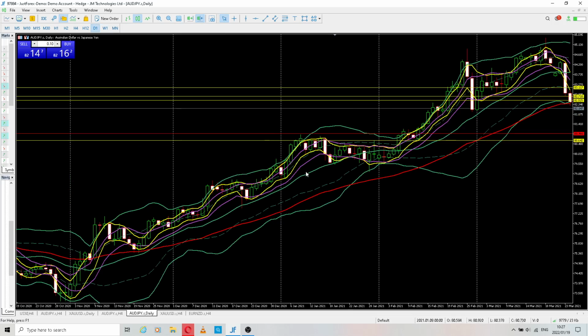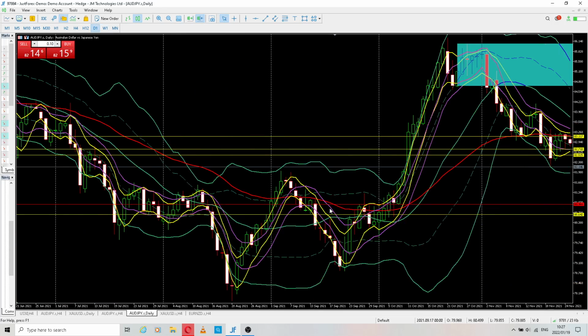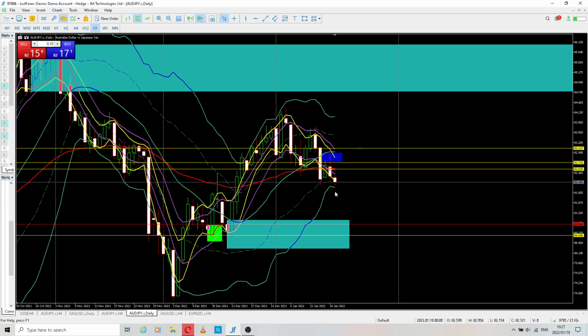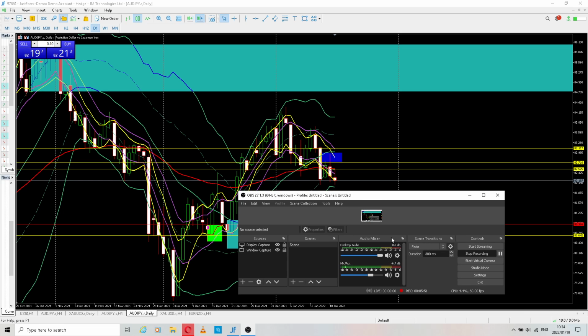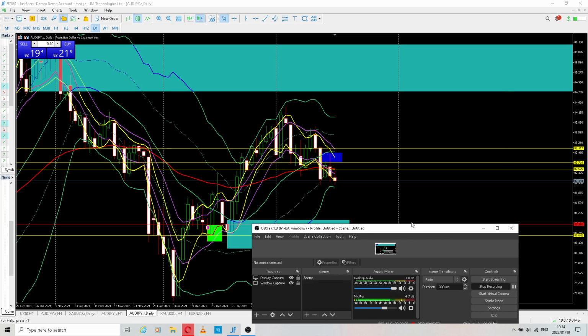So we are still bullish on weekly, but on daily we are bearish in order to get to this area or create an extreme right there, then turn to the upside. So we'll just have to wait and see what happens to the market as it unfolds, guys.